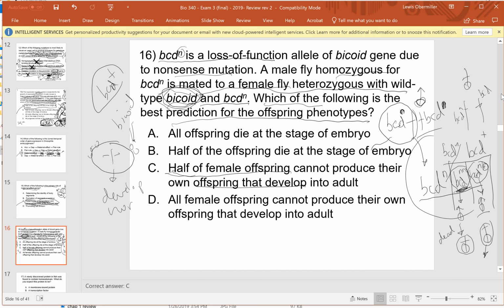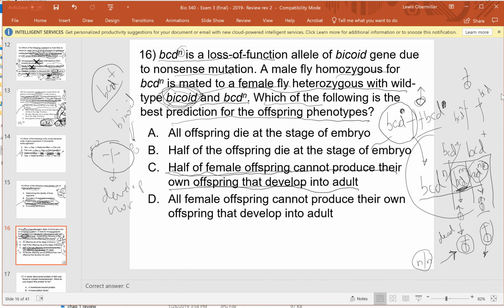So half of the female offspring cannot produce their own offspring that develop into adults because these females are homozygous for bicoid NN. This one is heterozygous.